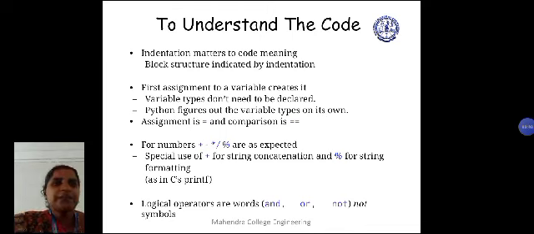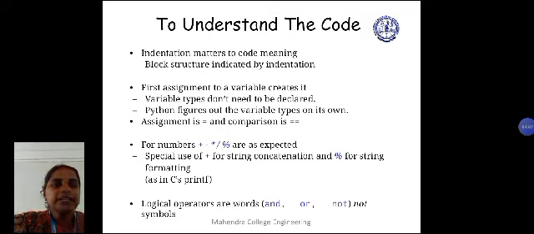In every Python program the first initial thing is variable declaration. There is a difference between C programming and Python programming. In C and other languages we use header files, but here we directly declare the variable and get the input. Python figures out the variable types on its own.